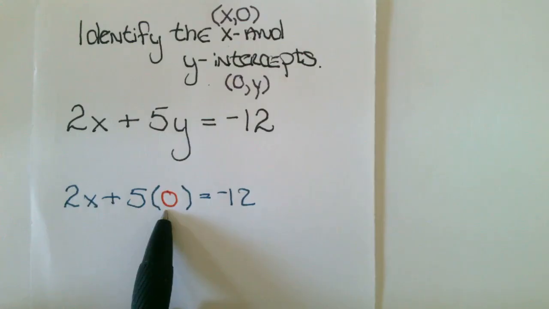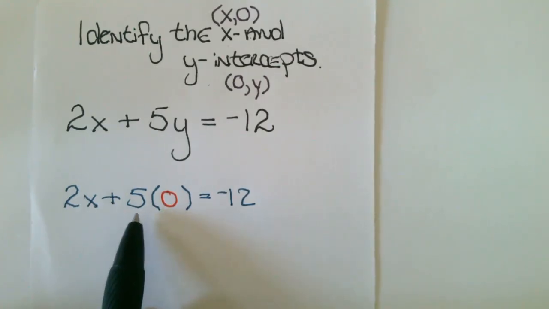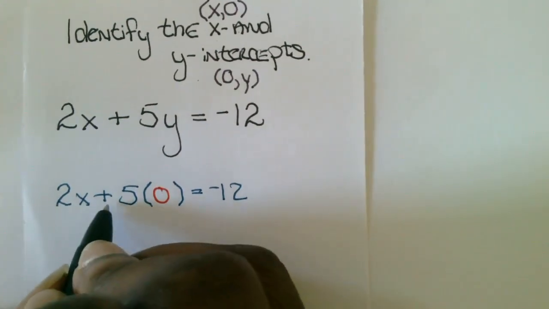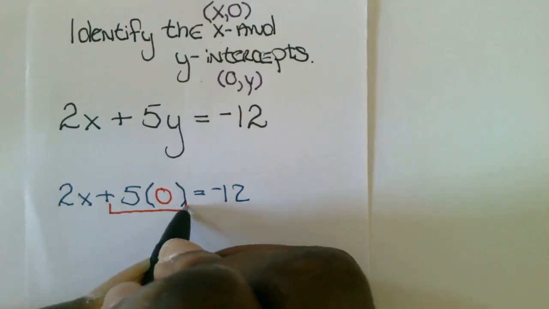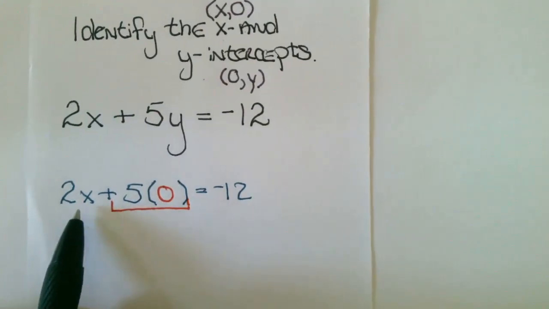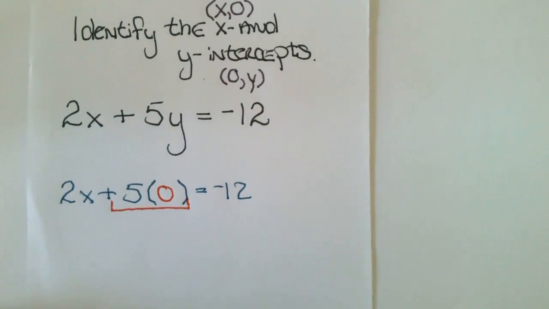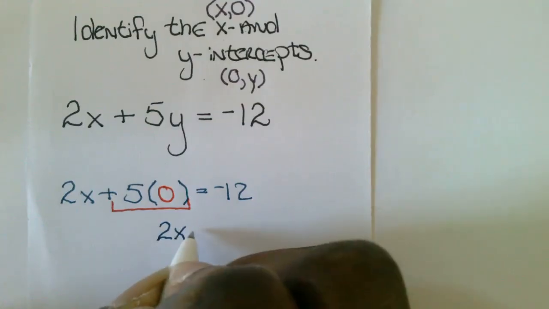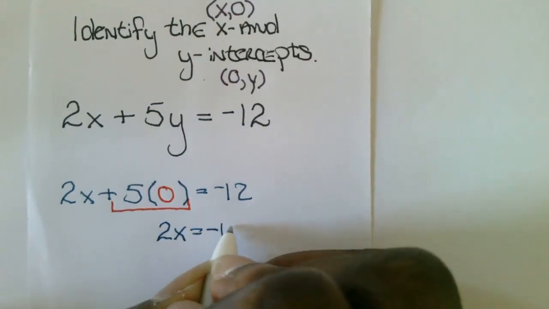Anything times 0 is what? First two people tell me. Anything times 0 is what? Is 0. Thank you. So that means we don't need this 0 as a placeholder because I still have the 2x. So why not just make it 2x is equal to negative 12.